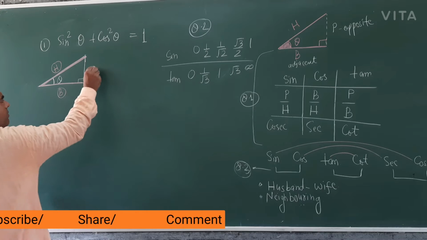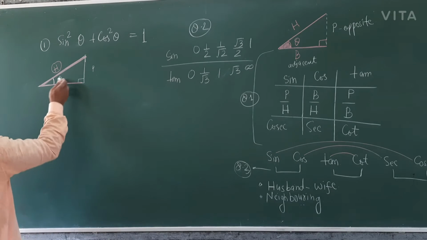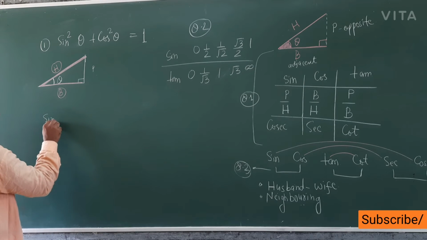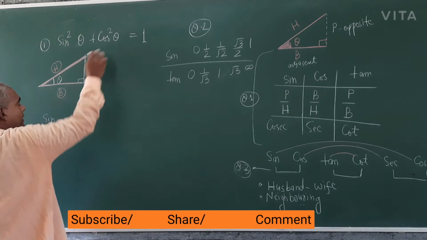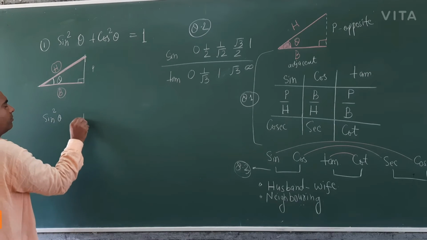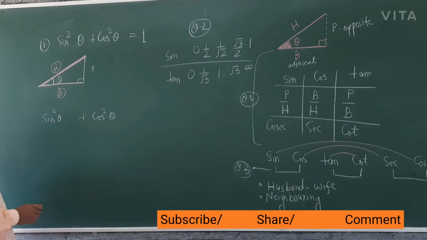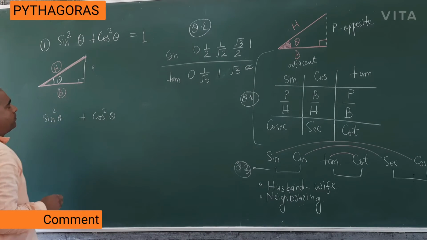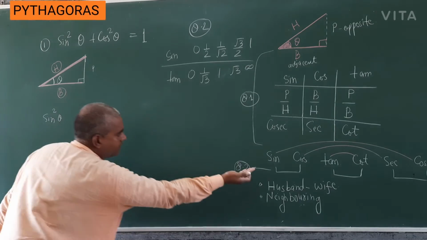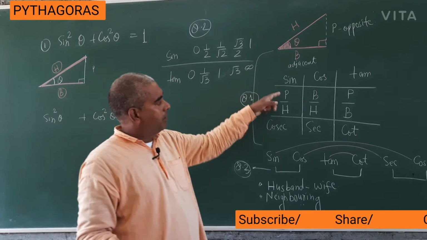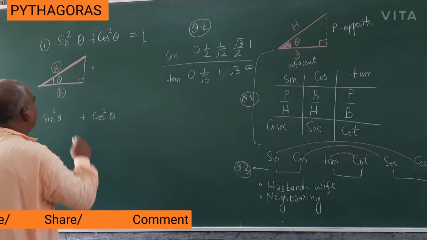So obviously this will be perpendicular. So sin theta, we will write here sin square theta plus cos square theta, and we will check it is 1 or not. So sin theta means from the definitions, sin theta is perpendicular by hypotenuse.